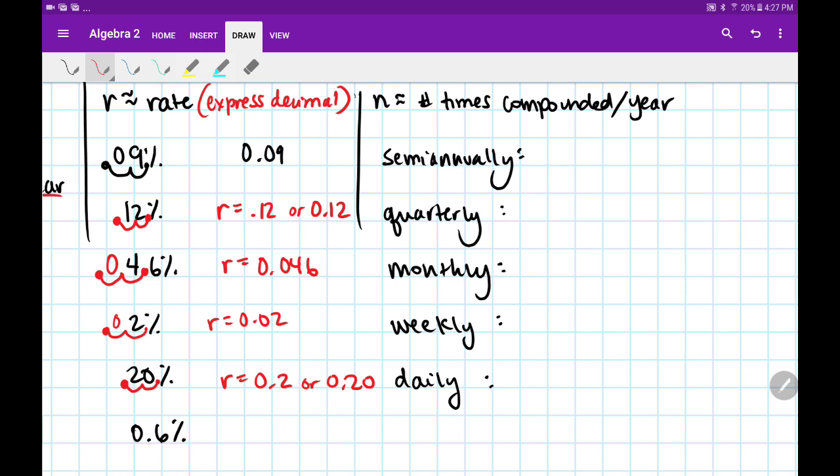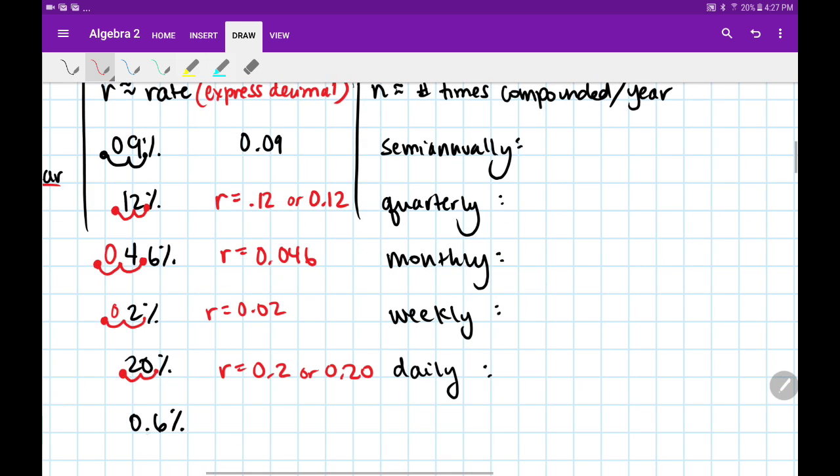And then finally, let's go with a really small decimal. If it's 0.6%, you've got to get rid of that percent sign by moving back 2 places. So this one, we fill in with a 0, and it is going to be 0.006. And that's less than 1%.